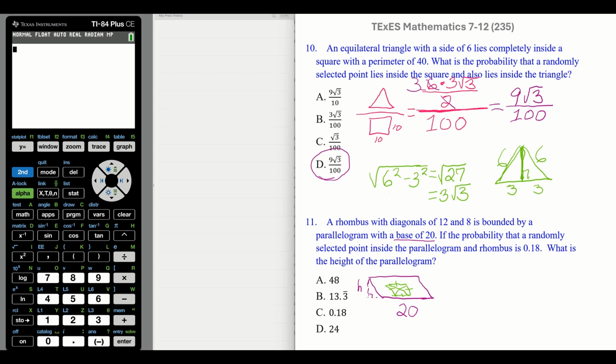Okay, so what do we have then? For the rhombus, we have 12 times 8. It's your diagonals divided by 2. And that will all be over, because your rhombus is bounded inside, your rhombus is going to be inside your parallelogram.